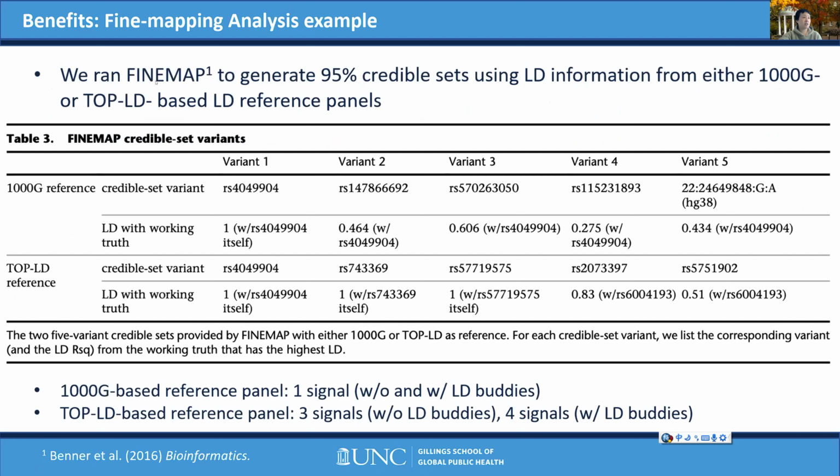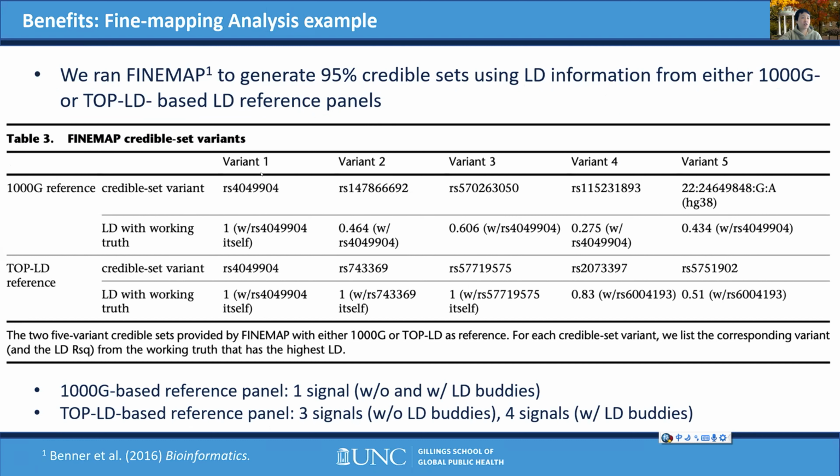We ran the FINEMAP software. Again, this is just based on GWAS association results, not leveraging any functional annotations. So we used FINEMAP to generate a 95% credible set using the LD information either from the 1,000 Genomes reference or from our TOPLD.